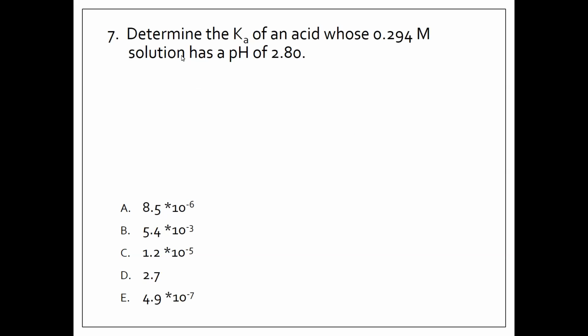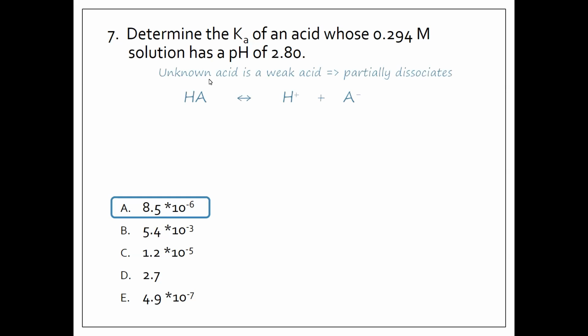So 7, we're asked to determine the Ka of a weak acid, and they give us the concentration of the solution and the pH of the solution, which is 2.80. So we're taking this unknown acid HA, and it's dissociating. And we're setting up our rice table. And initially our concentration is 0.294.